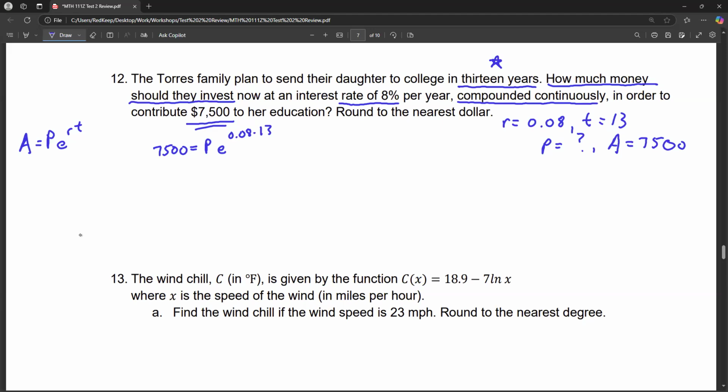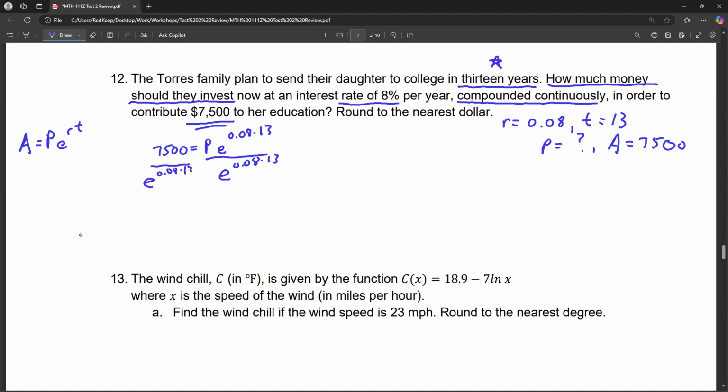Because our P value is just a coefficient of that e raised to a power, we can divide both sides by e raised to the 0.08 times 13, so we don't alter the relationship.